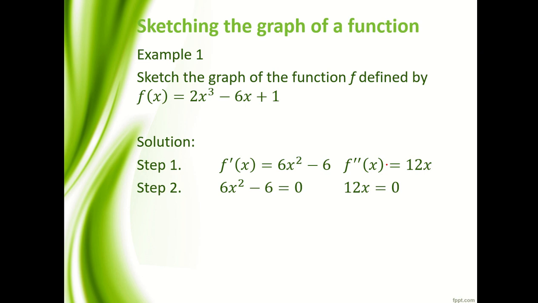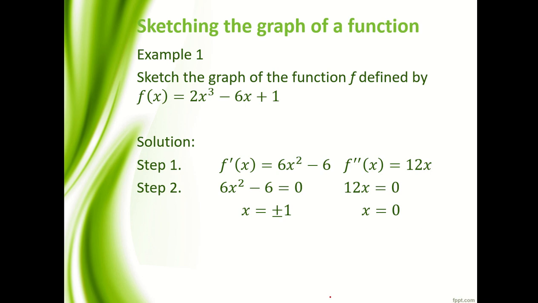We will set f prime of x to 0, then solve for x, and also set the f double prime of x to 0 to determine the point of inflection. We have two critical numbers, x equal to plus and minus 1. For the point of inflection, we have x equal to 0.